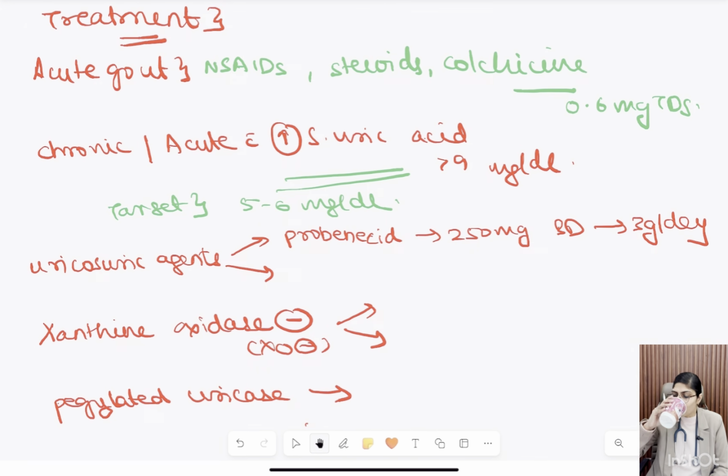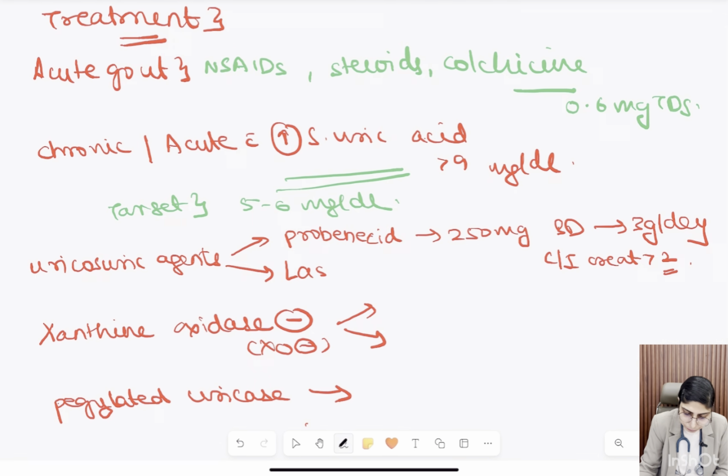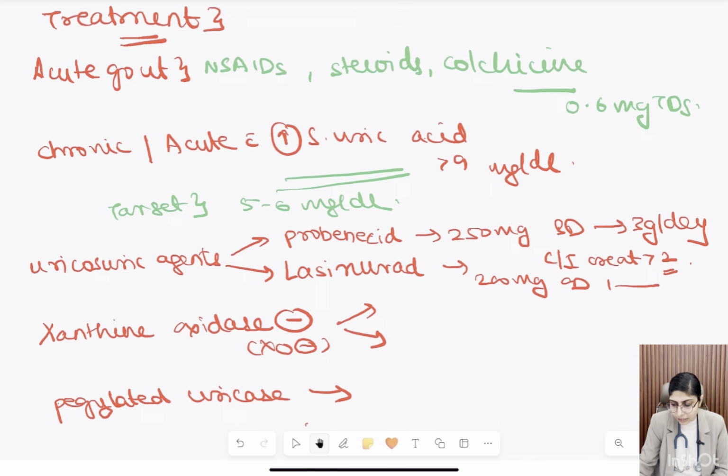Note this down. Probenecid is contraindicated in patients with creatinine level of more than 2. So remember that. The next new uricosuric agent is lesinurad, and the dose is 200 milligram OD, once a day.